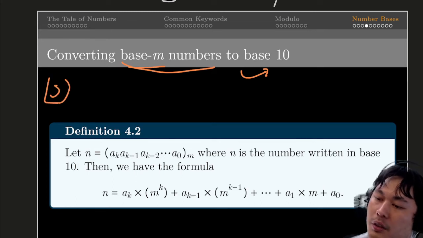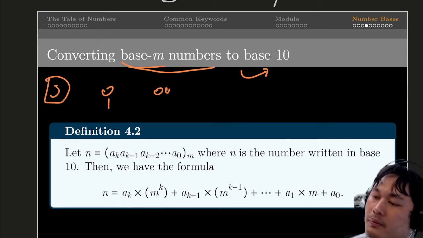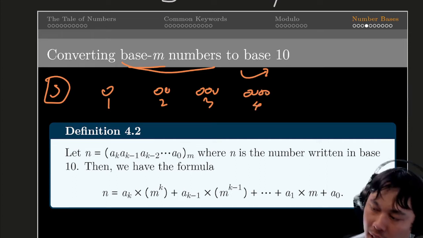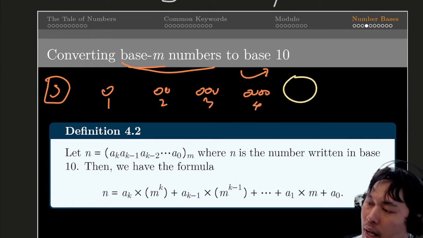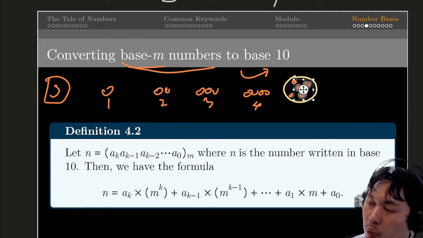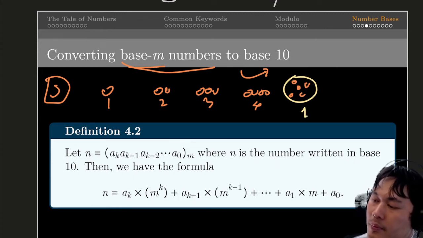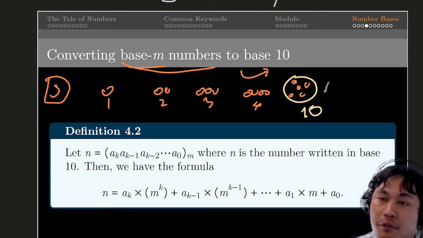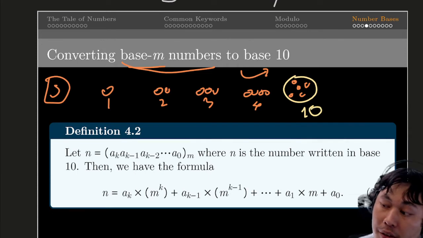If you are using base 5, you have 1, 2, 3, 4, and then for the 5 you have to carry that away. So you get one group of 5, 0 left over. So that's 1 0 in base 5.